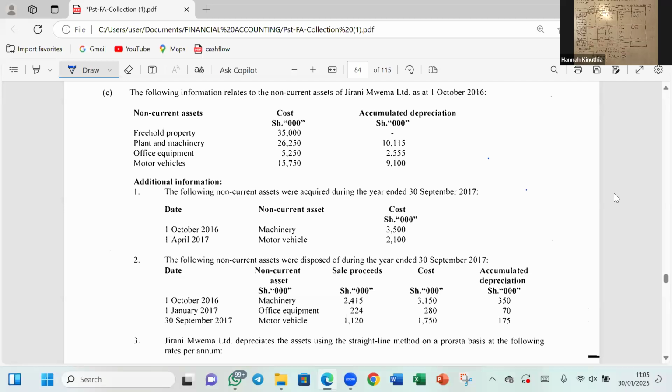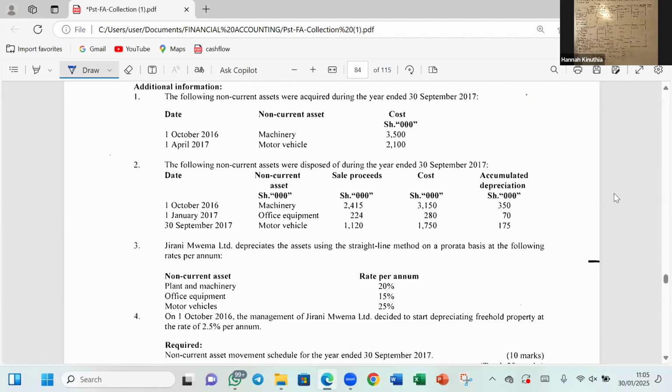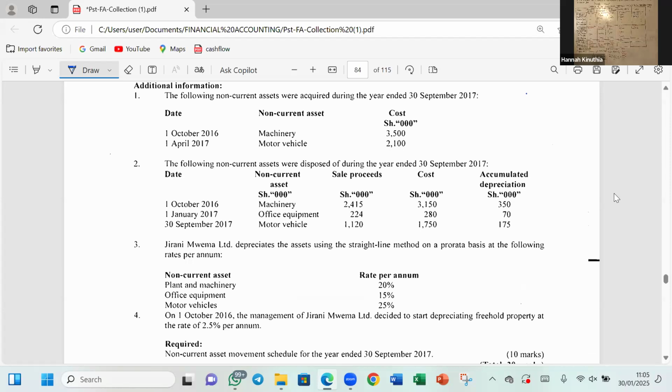Additional information. The following non-current assets were acquired during the year ended 30th September 2017. On 1st October 2016, machinery cost 500. On 1st April 2017, motor vehicle cost 2,100. Second, the following non-current assets were disposed of during the year ended 30th September 2017.